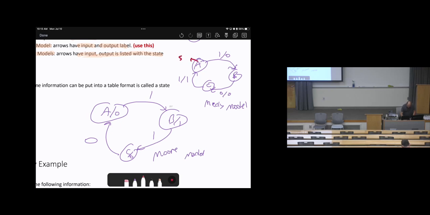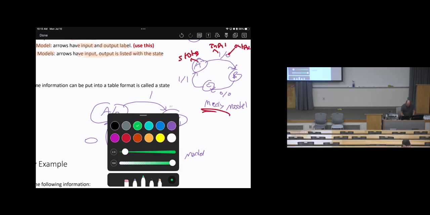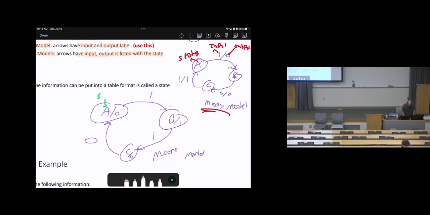In Moore's model, here are states, here are outputs, here are inputs. Okay? This is the difference between them.